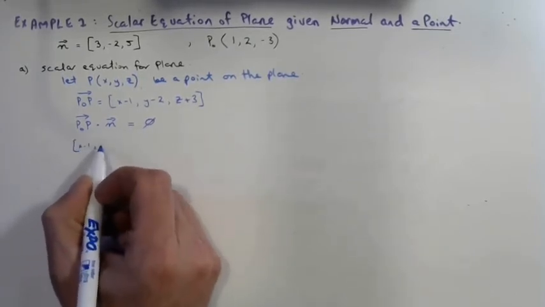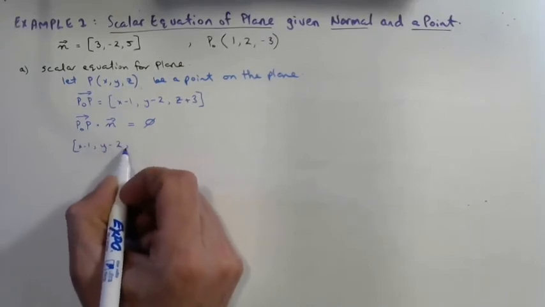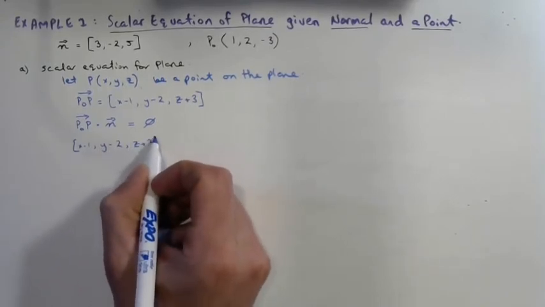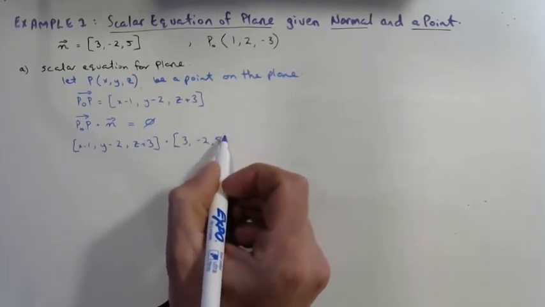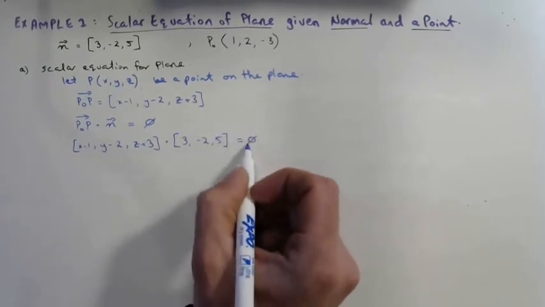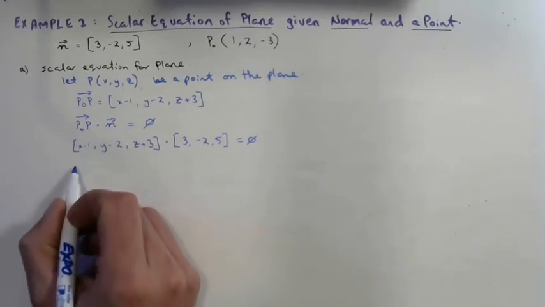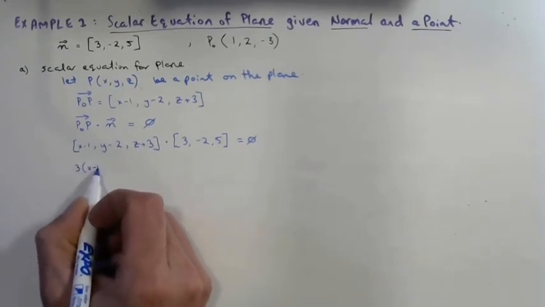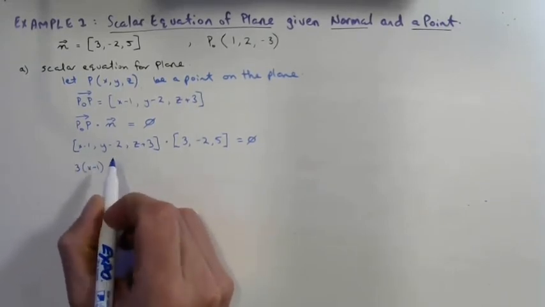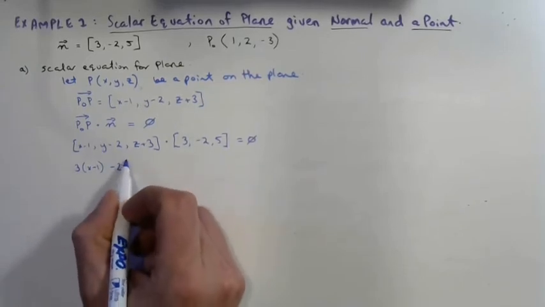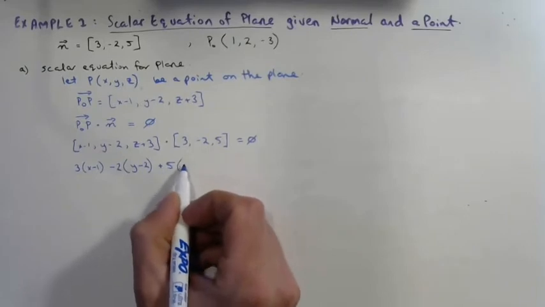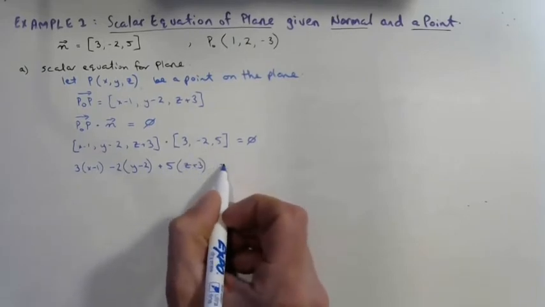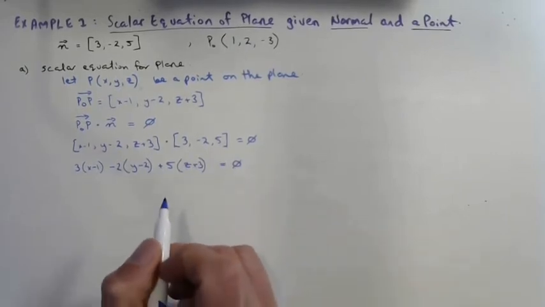X minus 1, y minus 2, z plus 3, dot 3, -2, 5 equals 0. Take the dot product of this, we end up with 3 times x minus 1 minus 2 times y minus 2 plus 5 times z plus 3, set equal to 0.